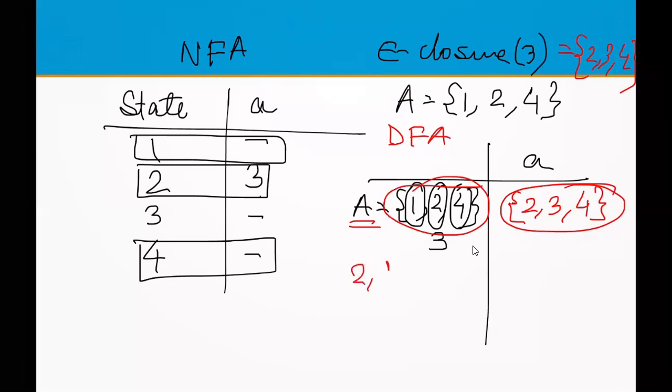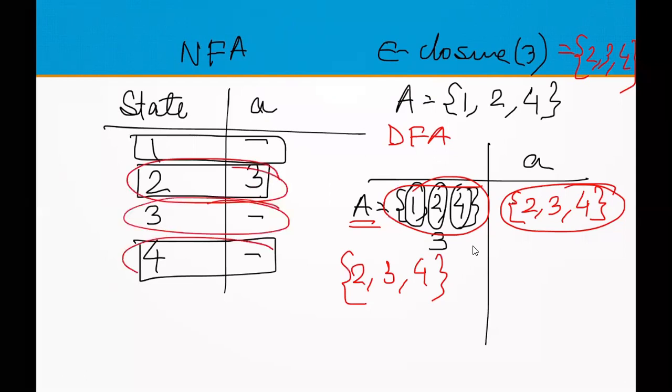Now on this state, I will try to find the transition on the input symbol A. So again, 2 is this, 3 is this, 4 is this. It's the same union of all this, that is 3. So again, the DFA transition would be the epsilon closure of 3, which is 2, 3, and 4.